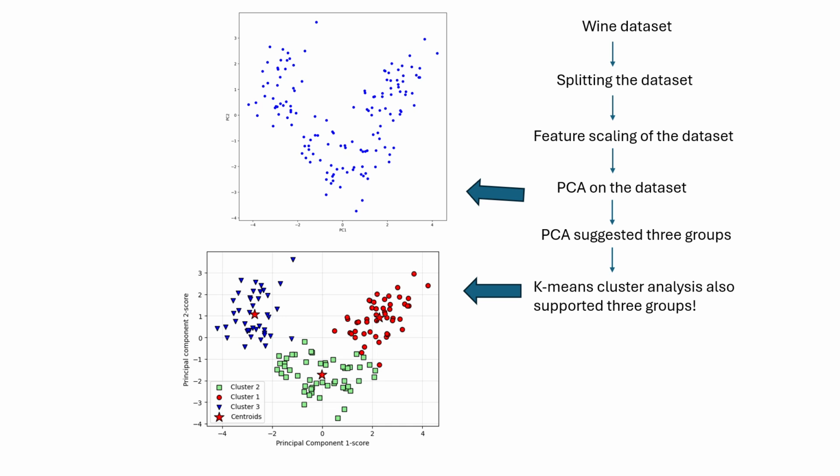Now, we would like to see if another clustering algorithm reaches the same conclusion. As mentioned earlier, the algorithm that will be used is hierarchical clustering, especially the agglomerative approach.